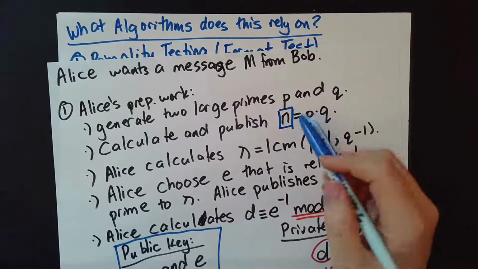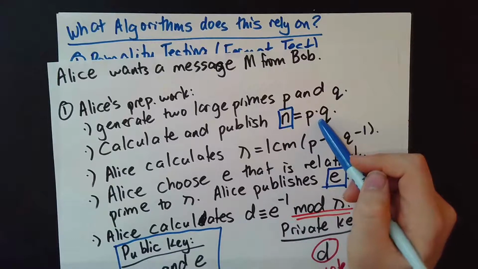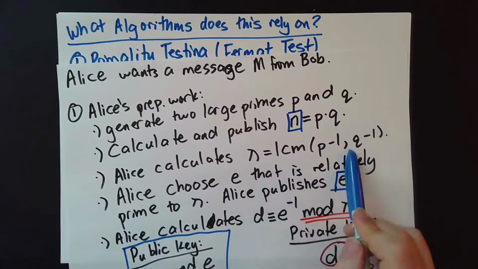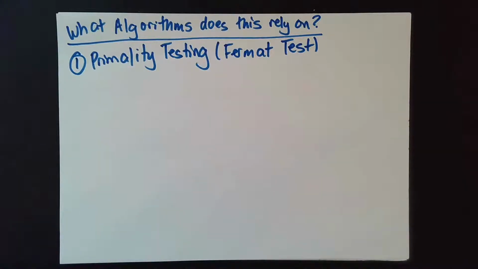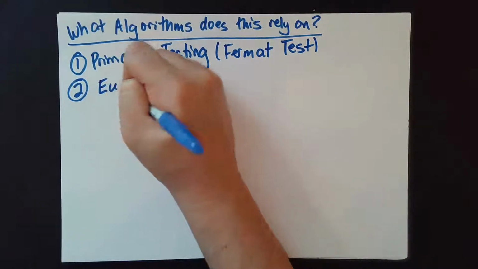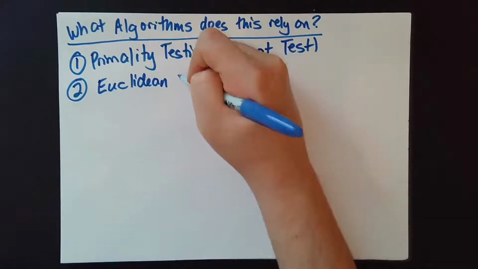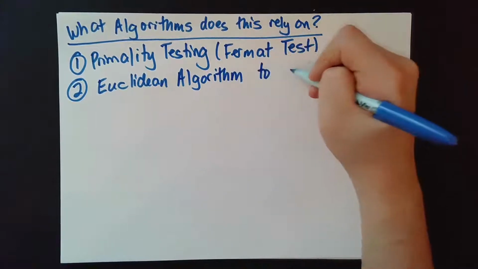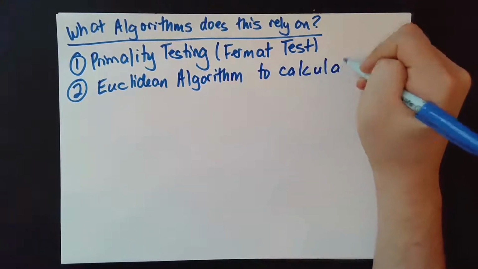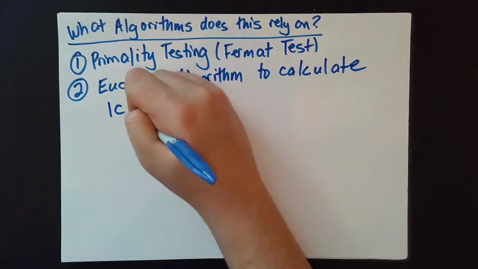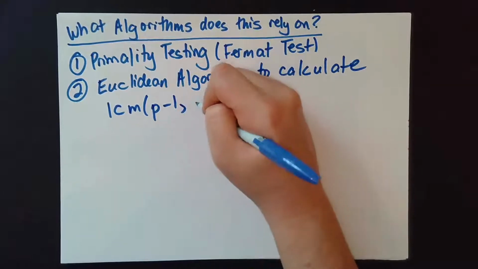Alice next multiplies. We don't really worry about the fact that Alice knows how to multiply. But next we have to calculate the least common multiple, which again really requires the Euclidean algorithm. Okay, and I'm going to be very explicit here. What is it that you do to calculate the least common multiple of p minus 1 and q minus 1?